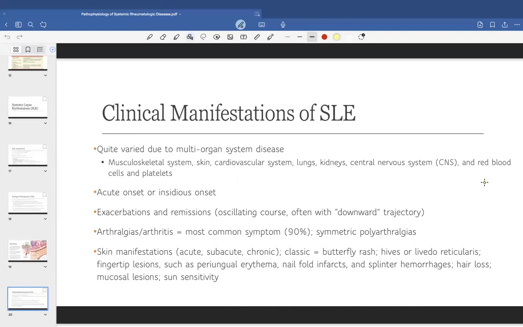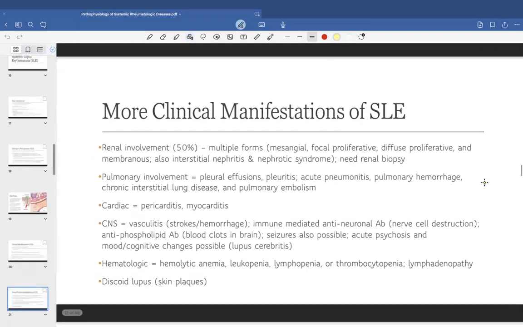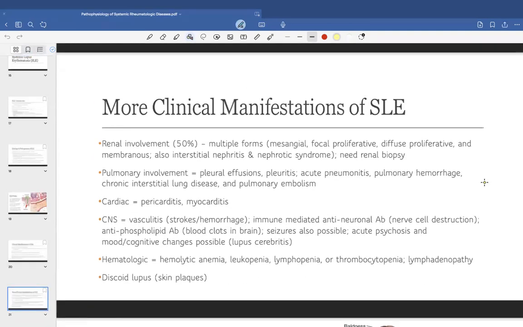As far as the kidneys, about 50% end up having kidney involvement. I'm trying to remember, I think it's the anti-Smith. People who are anti-Smith antibody positive tend to have more of the renal involvement.